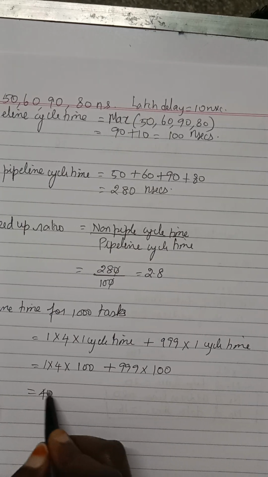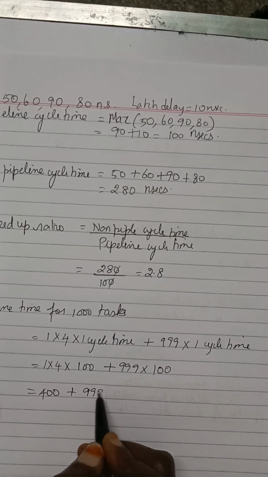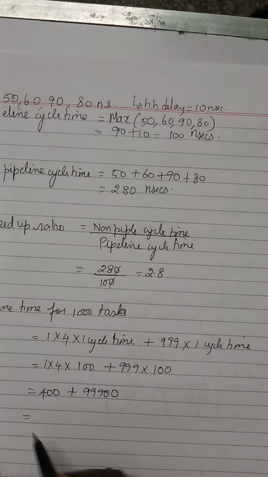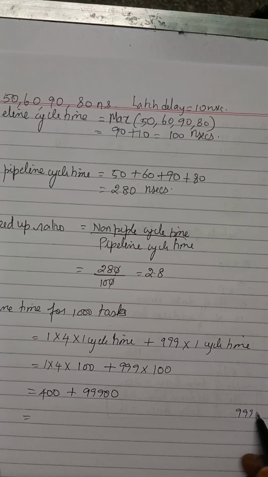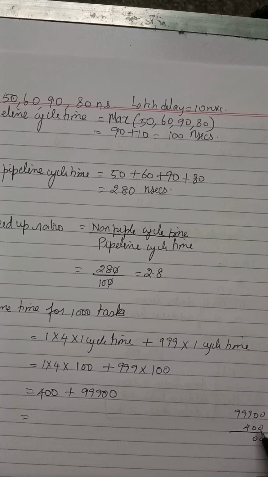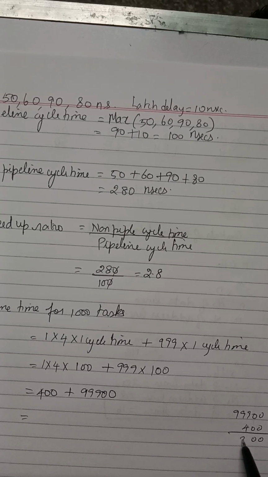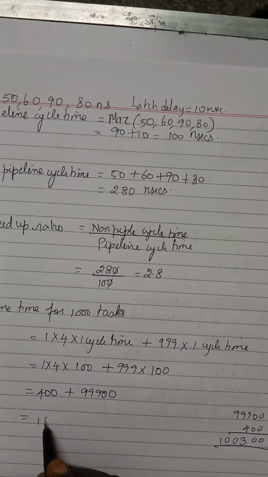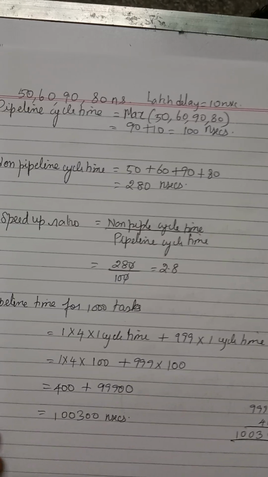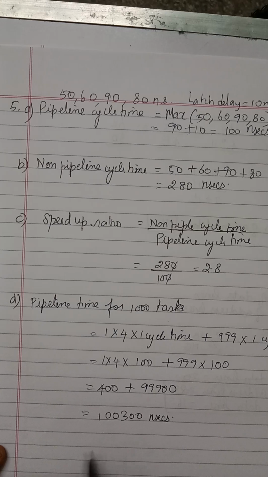So that is 400 plus 99900. So this value will be 100300 nanoseconds. This is the pipeline time for 1000 tasks.